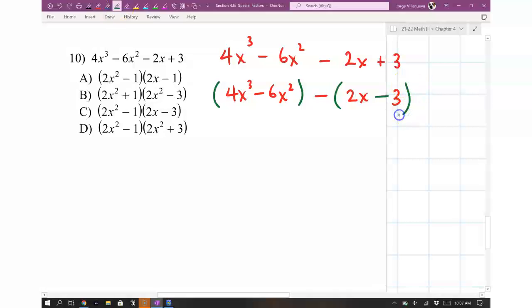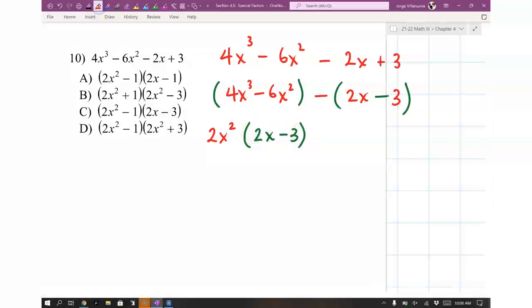So this is what it should look like. Notice the minus in the middle made me change the sign at the end. All right, so in the first parenthesis, we're going to factor out a 2x squared. What's left over if I factor out a 2x squared? Well, this will be 2x minus 3.